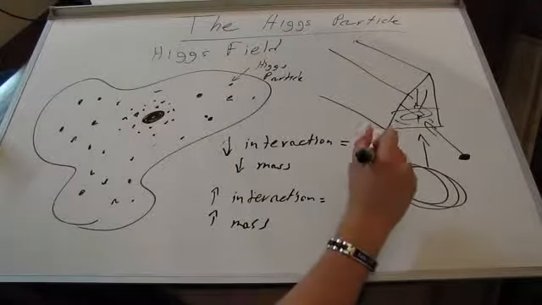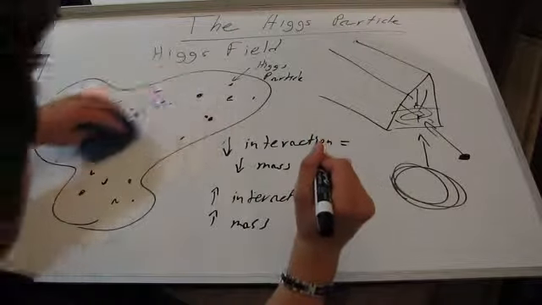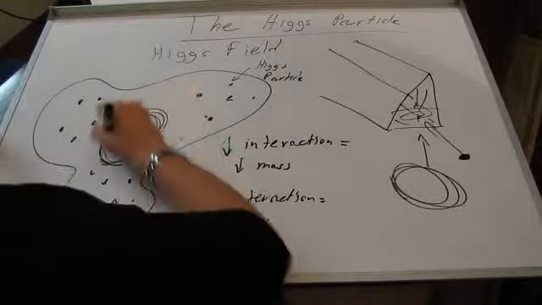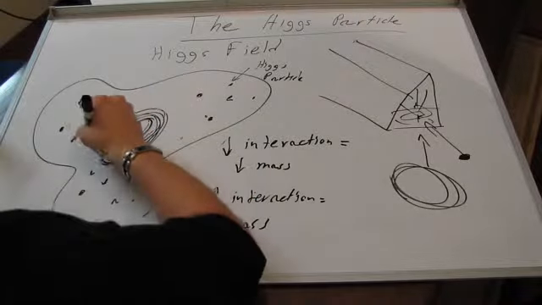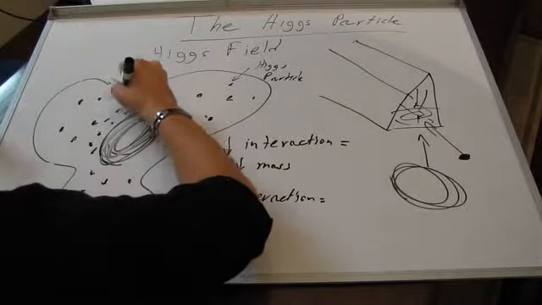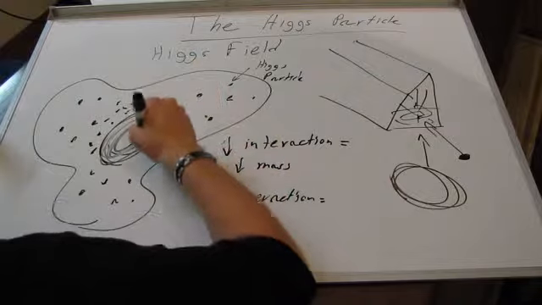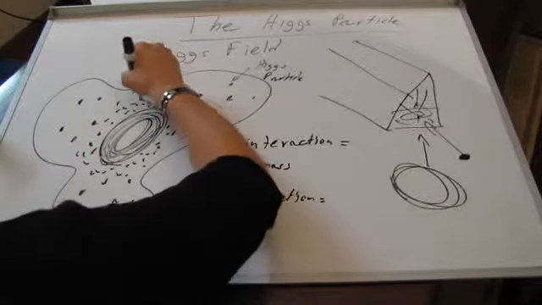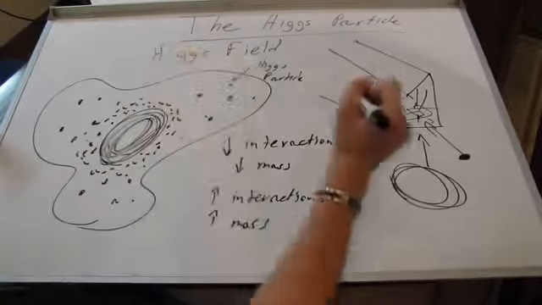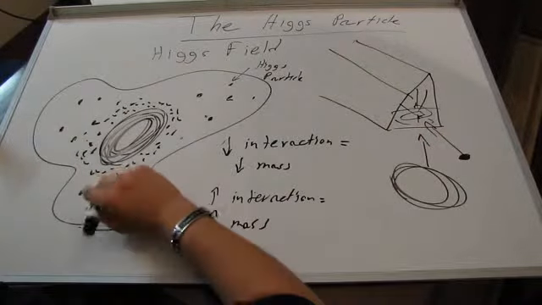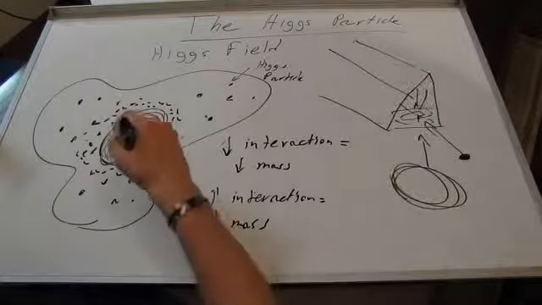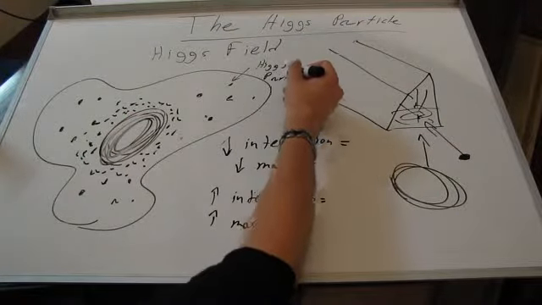Now, if we had the basketball, we're going to have even more Higgs particles around it because it gets a lot of mass. So we're going to have many more Higgs particles around it. And in that way, we understand that once something goes through the Higgs field, it gets mass because of the interactions with the Higgs particles.